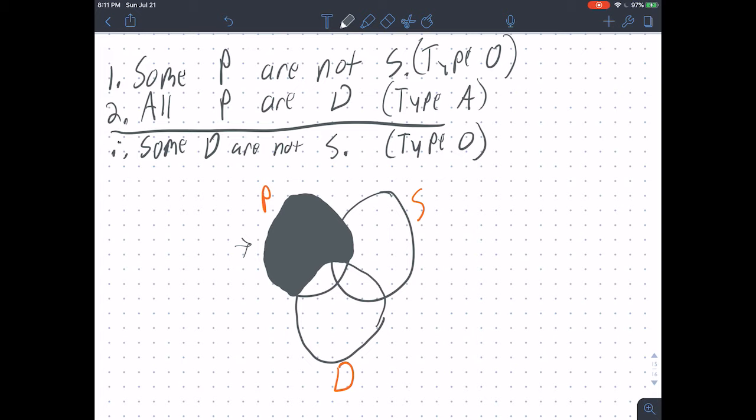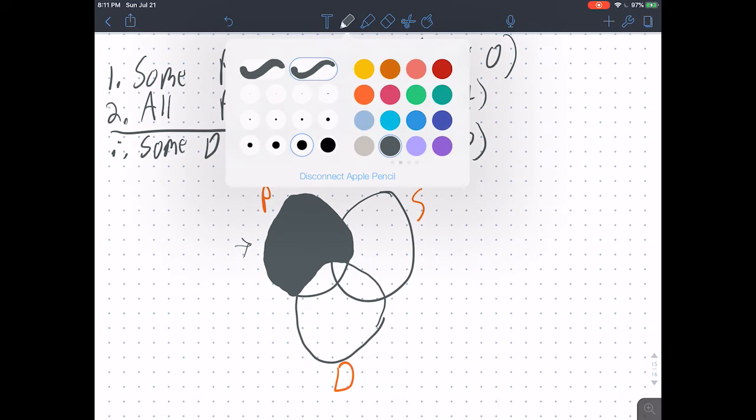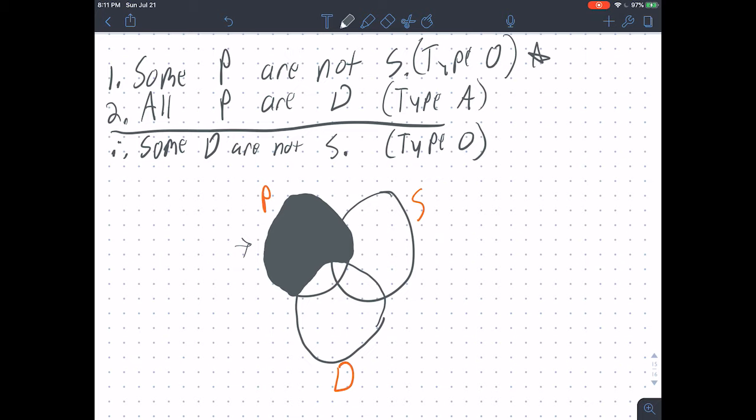Cool. And so the only thing that we have to worry about now is the first premise. It's a type O sentence, so some P are not S. So we need to put in a mark or an X inside the P circle but outside of the S circle, and the only place we can do that is here.